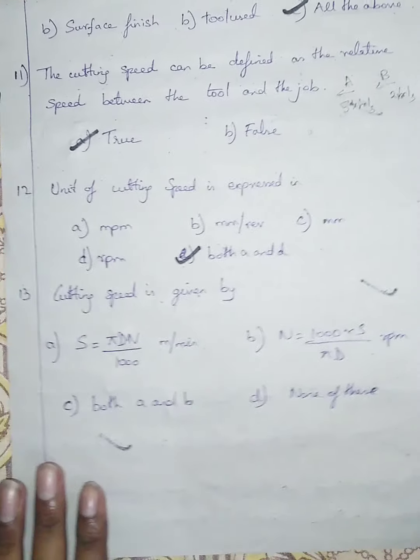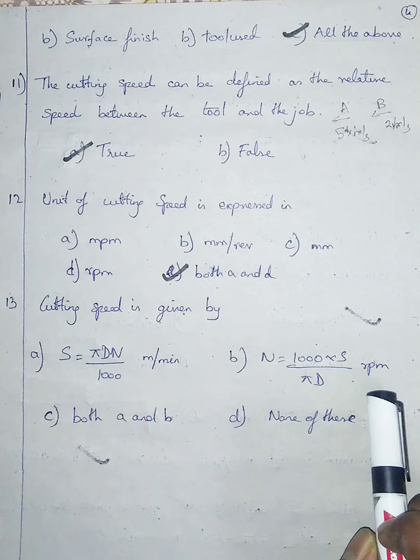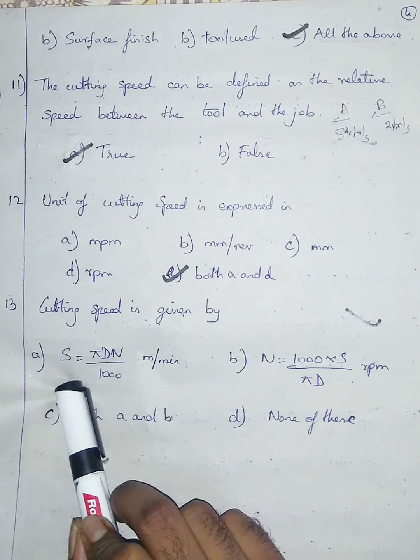Question number 13. Cutting speed is given by: option number A is given as S equals pi d n by 1000 meter per minute. Option number B is given as n equals 1000 into S by pi d, given as RPM. N is given in RPM, rotation per minute, as angular. This is given in linear motion.